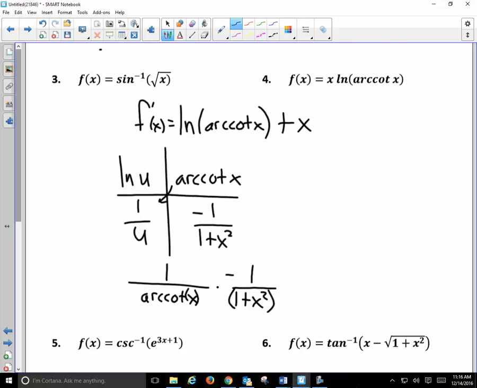So if I multiply those together, I get a negative 1 in the numerator, right? And that's going to go into this space right here. So instead of a plus x, it's going to be a minus x over 1 plus x squared times arc cotangent of x.